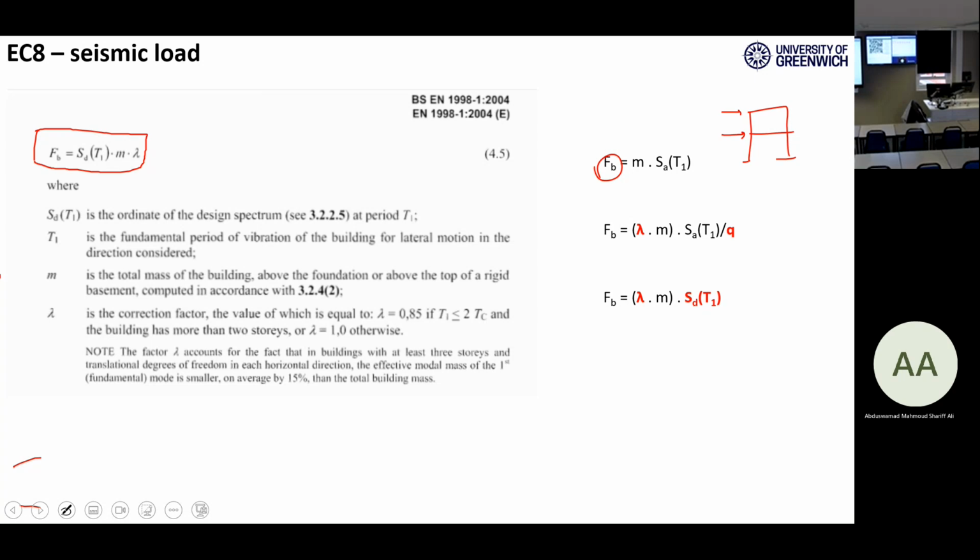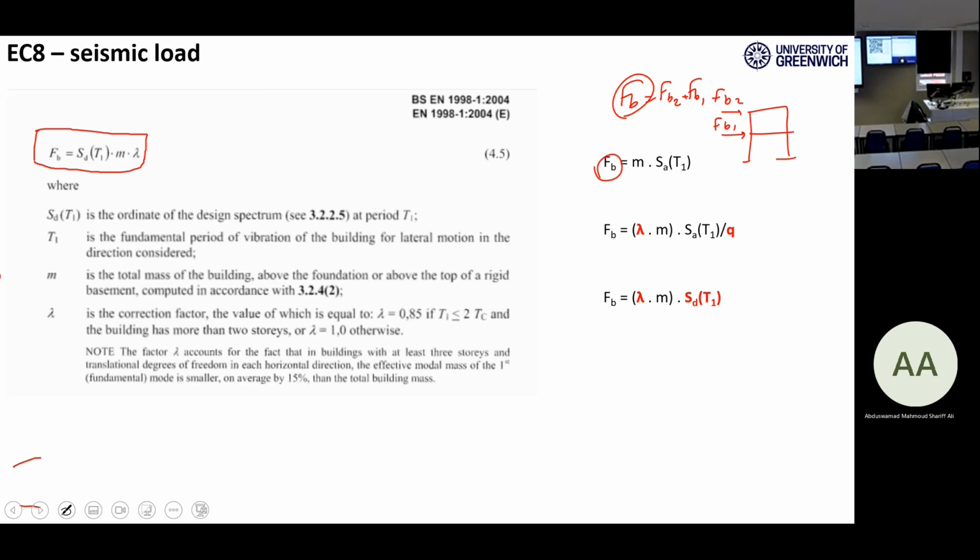I will distribute FB in some sense between two forces in different stories. That's another problem, okay? But you can call them FB2 and FB1. FB2 plus FB1 is the total FB, which is called the base force.